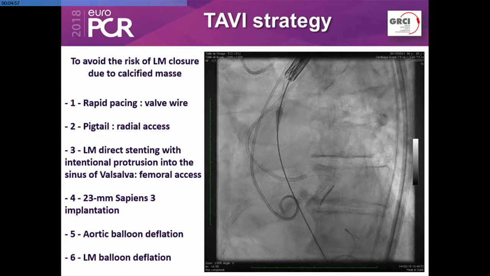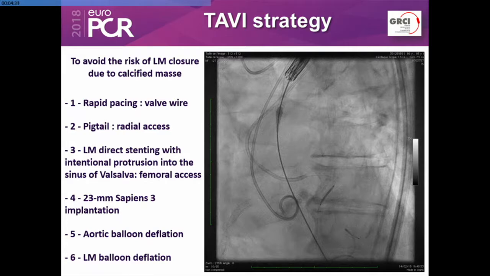The idea was to protect the left main from the movement of this calcification to the ostium of the left main using a stent. And in contrast with Hakim, the idea was to put the stent with a severe protrusion into the sinus of Valsalva to protect the left main.